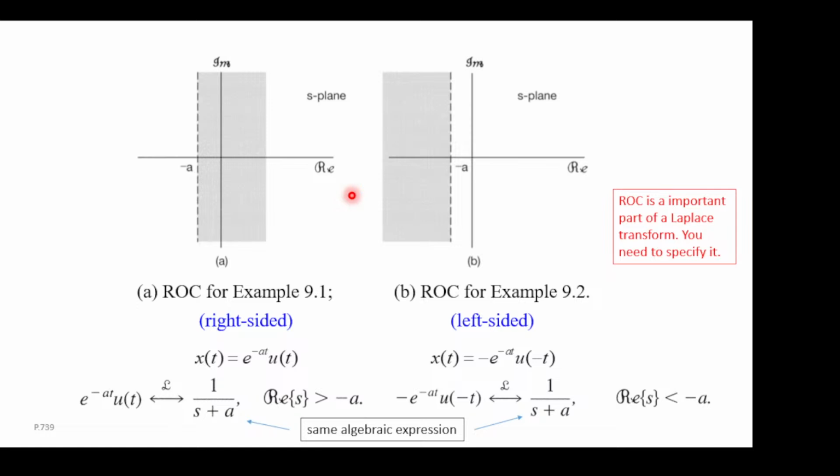This is something we don't have when we talk about Fourier transform. It's only in Laplace transform that we need to think about those ROC, and we just see from this example that ROC is a very important part of the description of Laplace transform. If you have the same expression for your Laplace transform, but you have different ROC, then they actually correspond to different functions in the time domain.